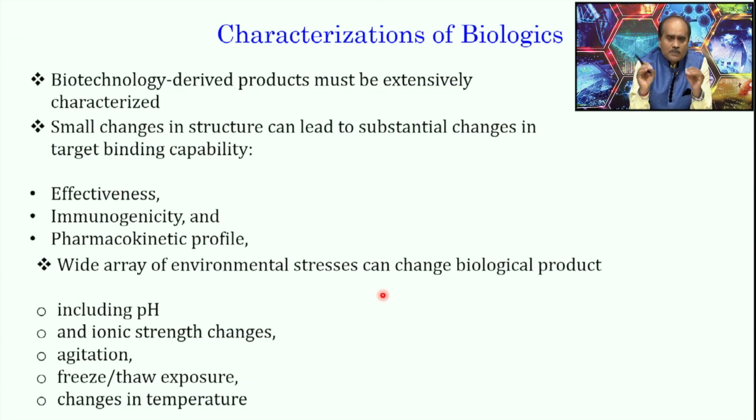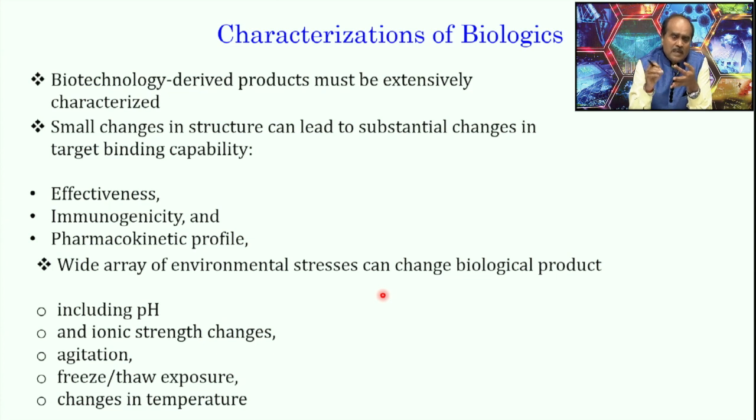So any small change in structure can lead to a substantial effect, like binding capacity with the receptor, or they can cause an immunogenic effect. So they must be characterized very effectively. Characterization of biologics is for checking the effectiveness.